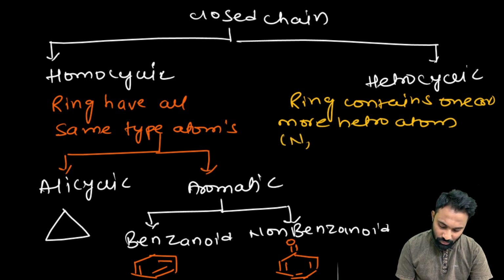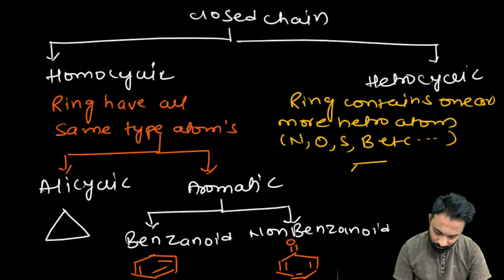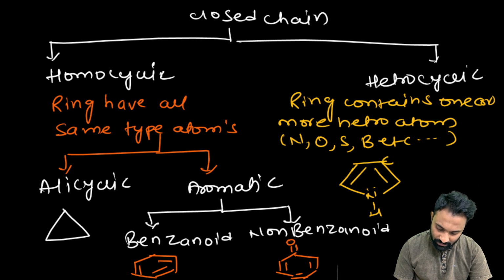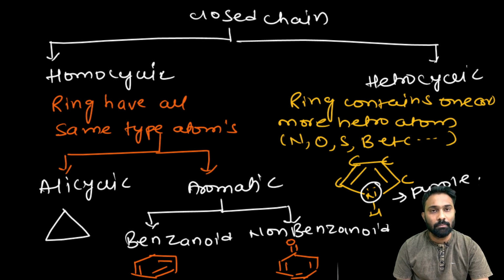Examples: nitrogen, oxygen, sulfur, boron, etc. These are some heteroatoms. For example, this is pyrrole. You see, this is a carbon, this is a carbon, this is a carbon and this is a carbon, and this is a ring. But one heteroatom is present, right? Nitrogen. Clear? This compound we call pyrrole.